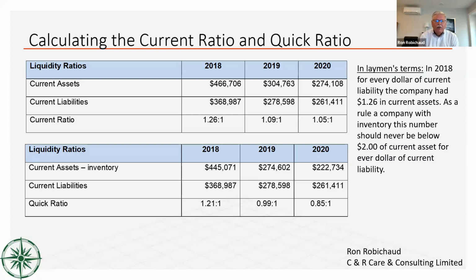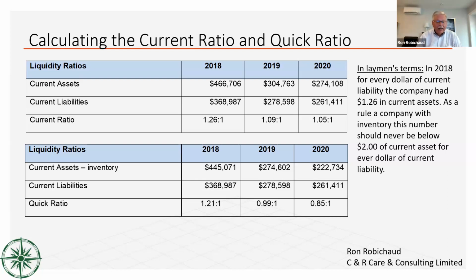If we look at the current ratio, in 2018, it was 1.26 to 1. So in layman's terms, what this means is that for every dollar of current liability that I had in the company at the end of 2018, I only had $1.26 to cover it.